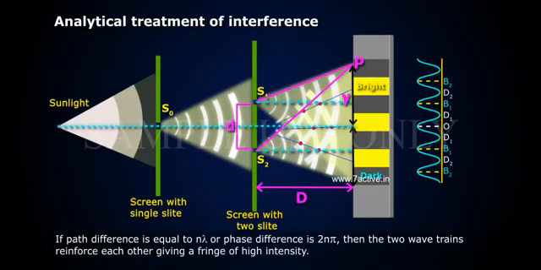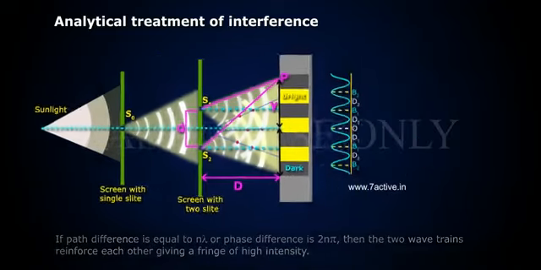If the path difference is equal to nλ, or the phase difference is 2nπ, then the two wave trains reinforce each other, giving a fringe of high intensity.